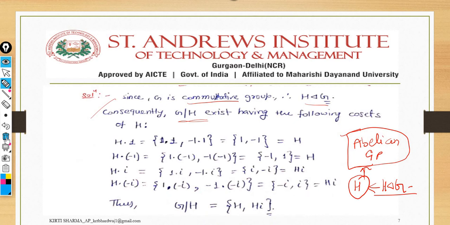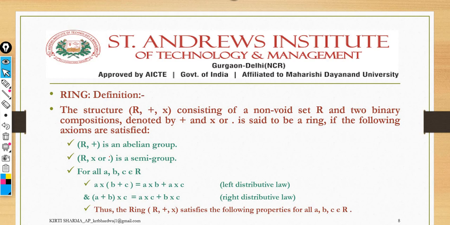So the next thing that we have to study is ring. Now we have to study the algebraic structure with 2 binary operations. So the first thing that you have to understand is the ring. What about the ring here?